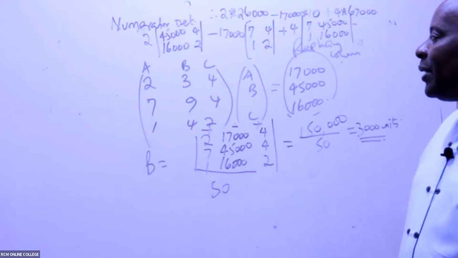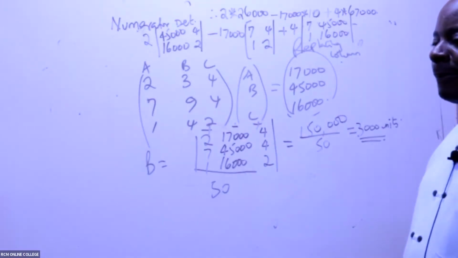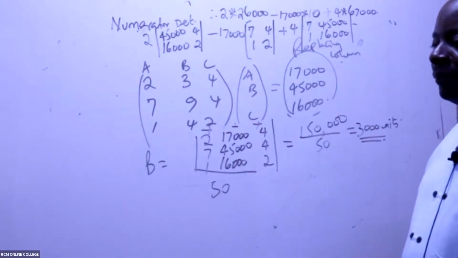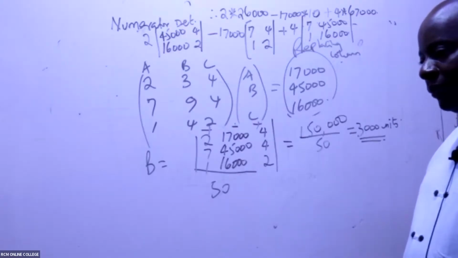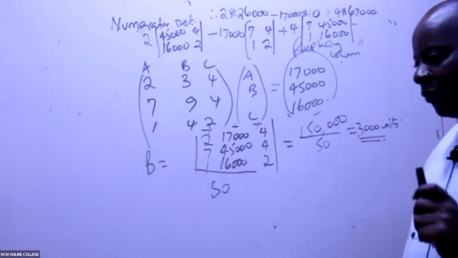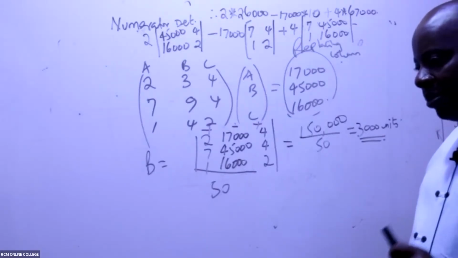So anybody who has been able to finish this and give us the value of C? The moment you understand that if you are after C, then the column of C must disappear.